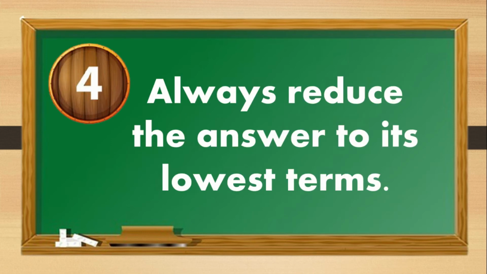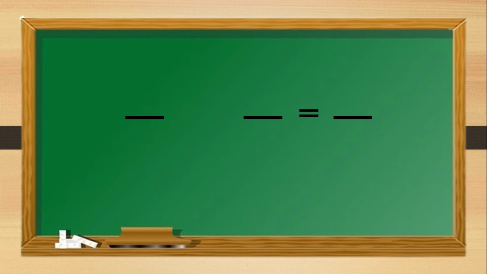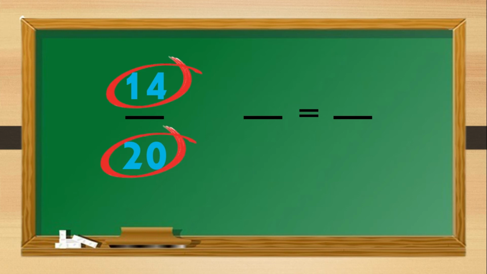Step 4. Always reduce the answer to its lowest terms. In this case, we will find the lowest term of 14 over 20. Why? Because 14 and 20 have a common factor which is 2.